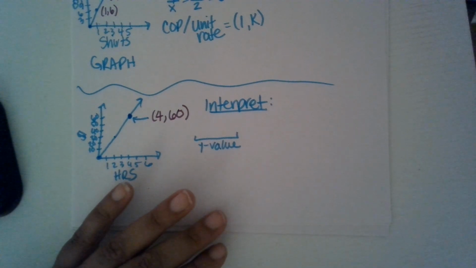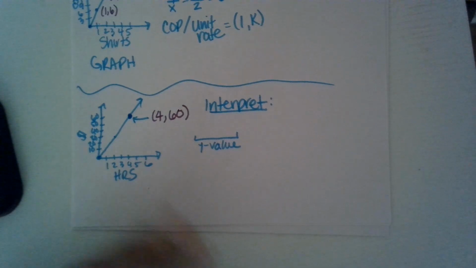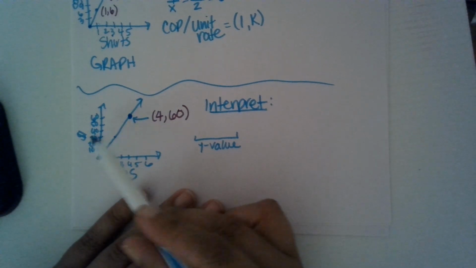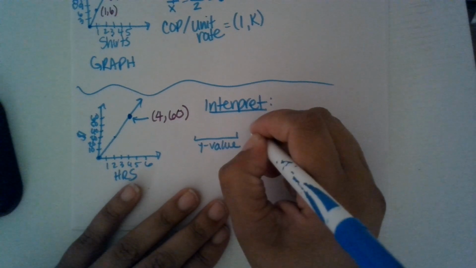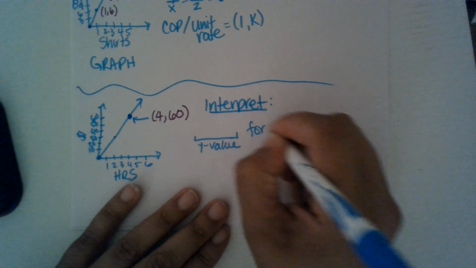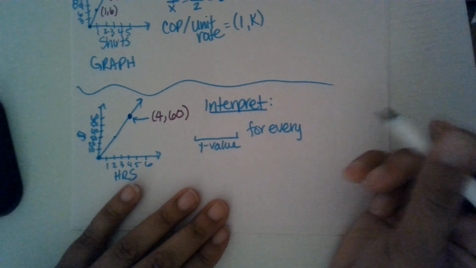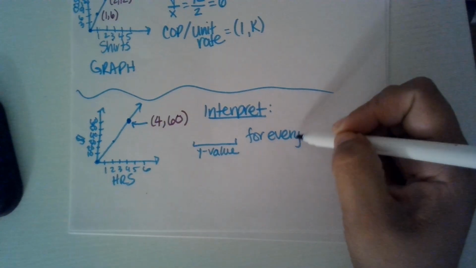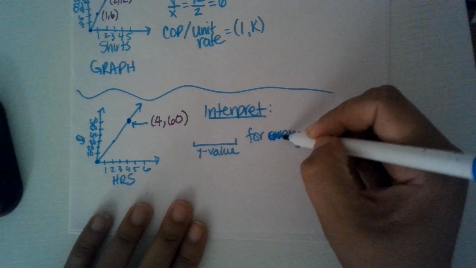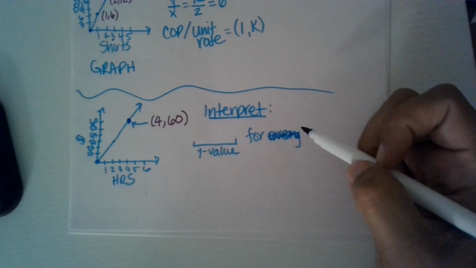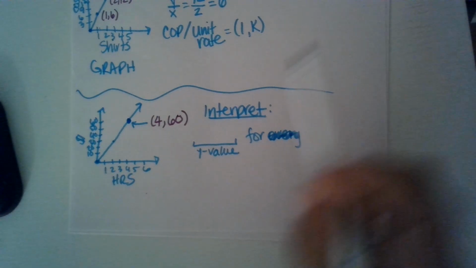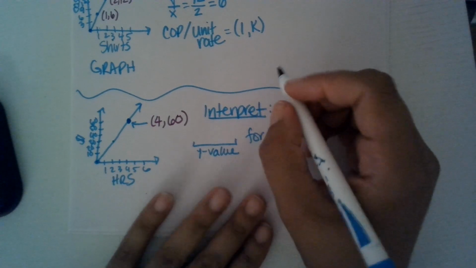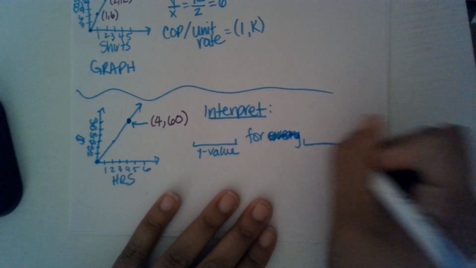And this could be a random scenario. It could be like earnings of a job. It could be whatever the amount of money for every, or you could say for each. And actually, I take it back. You have to be careful using the word every or the word per or each, because that again talks about unit rate. So the Y value for whatever the X value is.